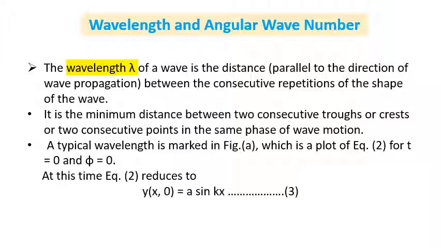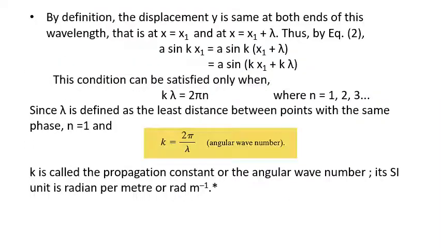So by putting the value of t and phi as 0 in equation 2, you will get y(x,0) equals a sin(kx). And by the definition, the displacement y is the same at both ends of this wavelength.